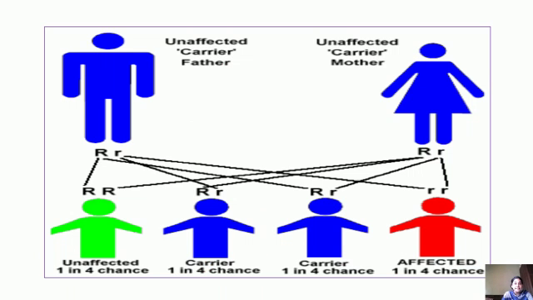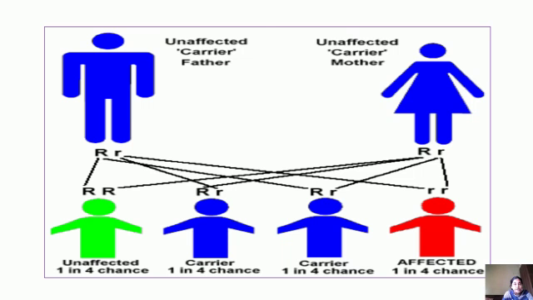Now let us see the inheritance of thalassemia. Let us take the two alleles as the dominant one, capital R, and the recessive one, small r. When I say that thalassemia is an autosomal recessive disease, that means the recessive allele, small r, is responsible for it.